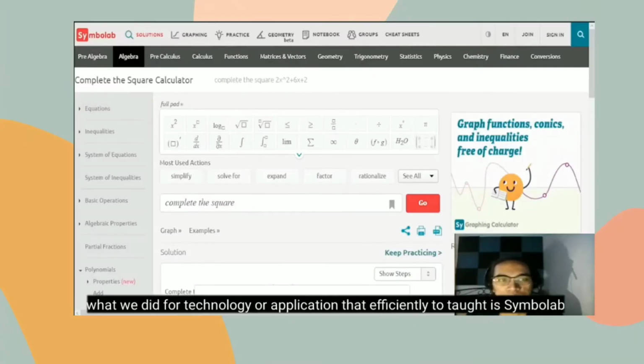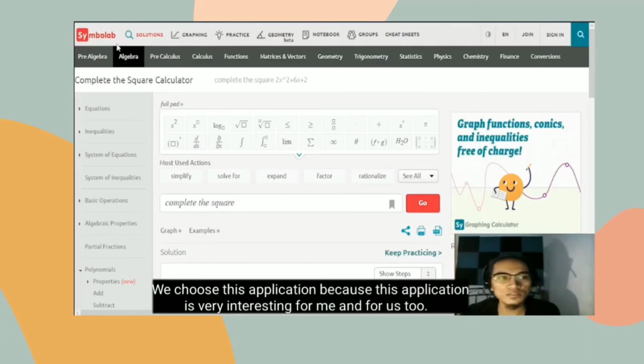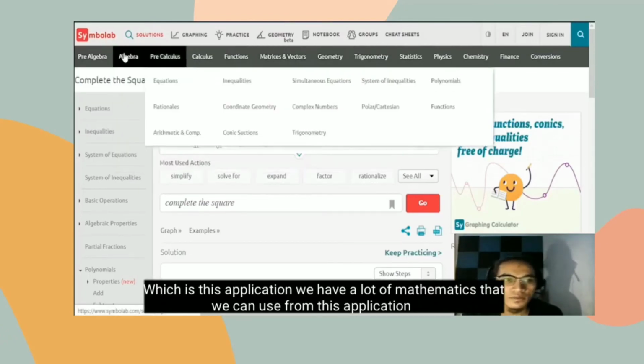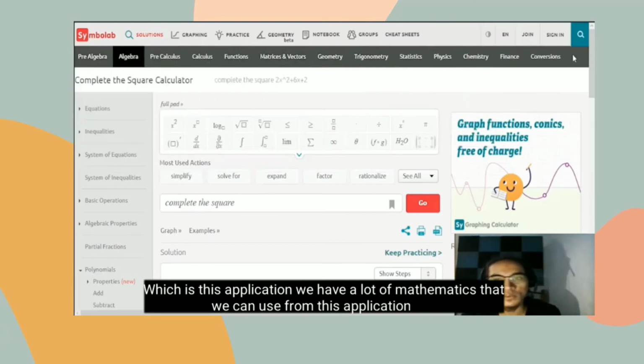From the research we did, the technology or application that we chose to talk about is Symbolab. We chose this application because it is very interesting for me and for us too, and with this application we have a lot of mathematics that we can use.